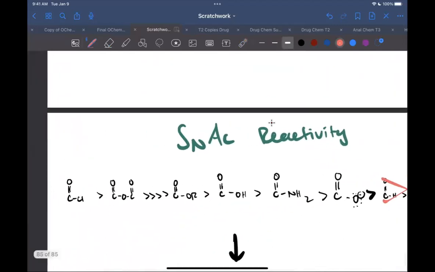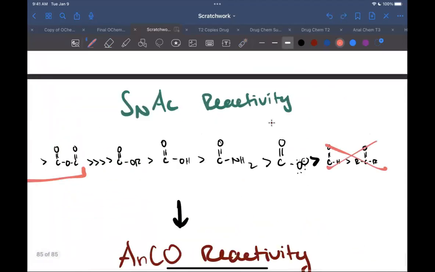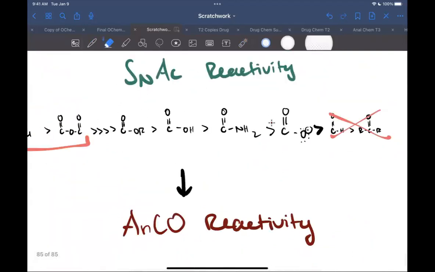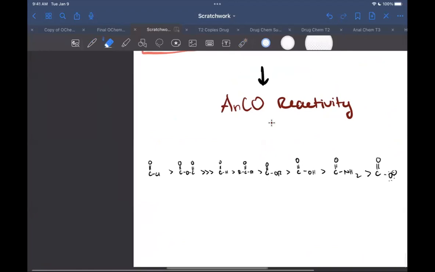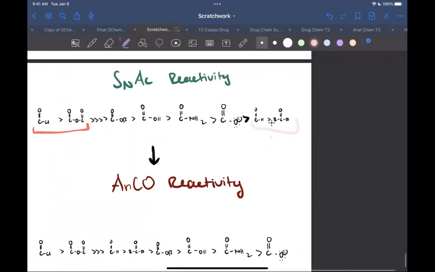So you're looking at SNAC reactivity. It's the stuff we've been dealing with. This is the list: acyl chlorides, anhydrides, so your reactive ones, which is why you have a bunch of greater than signs. And then your carboxylic acid derivatives, right? Now for ANCO, it's the same kind of spiel, but now we're essentially taking this group that we shunned out in the SNAC reactivity and placing them at the front of the line.